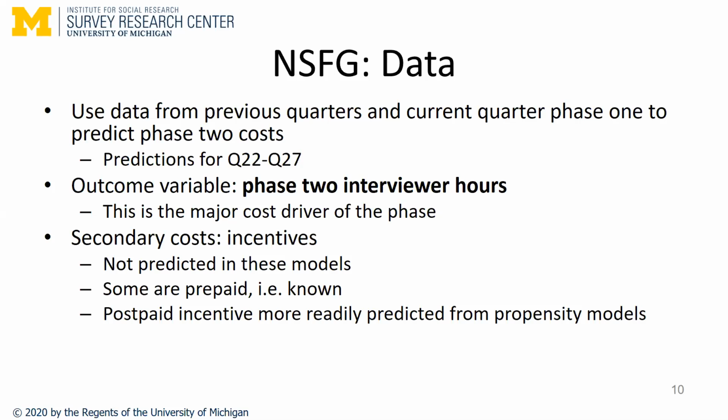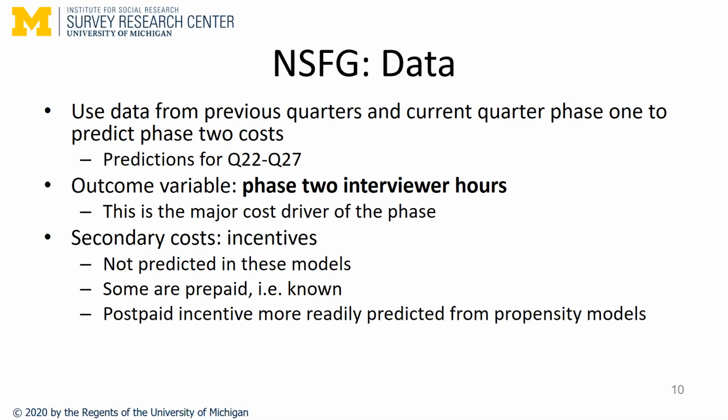All right, so we're not using the hours we want to predict as an input to the prediction model. Okay, just to be clear about that. And the outcome variable is phase 2 interviewer hours. And this is the major cost driver of the phase. There are other costs, the incentives, the mailings, but those are not predicted in these models.